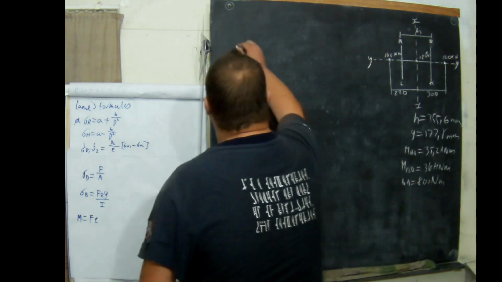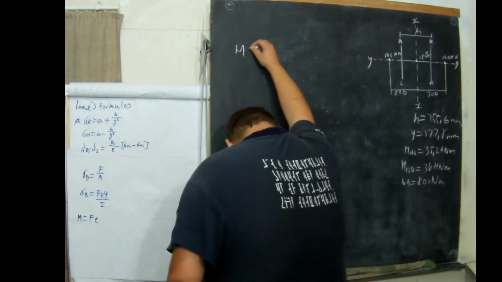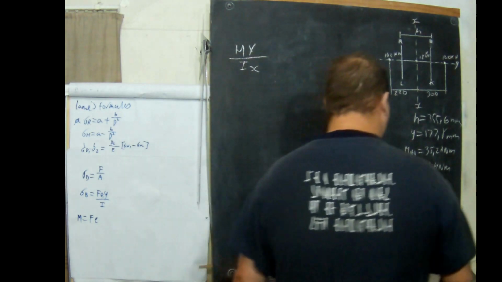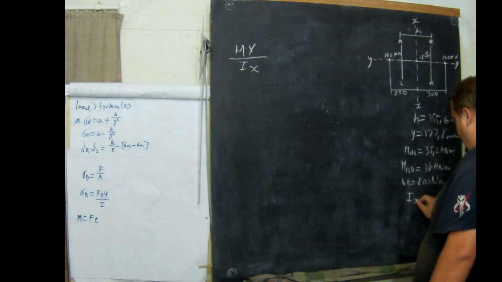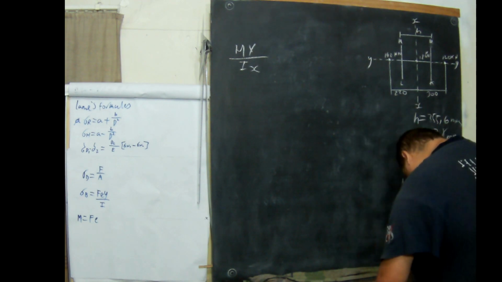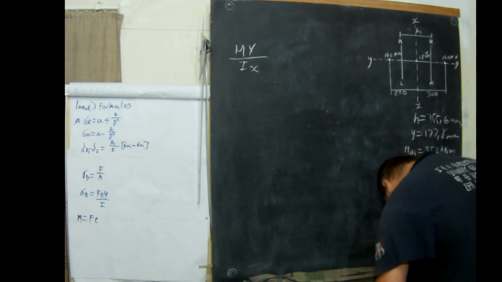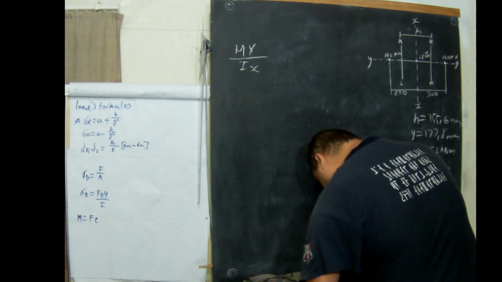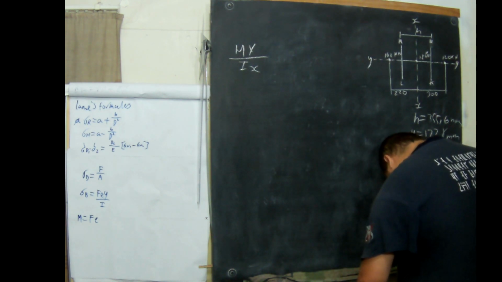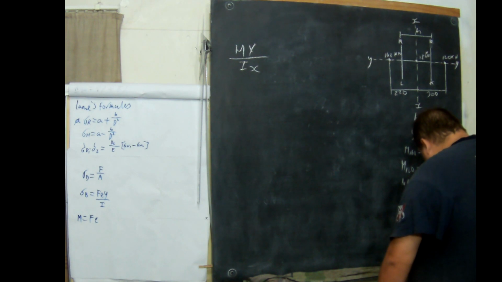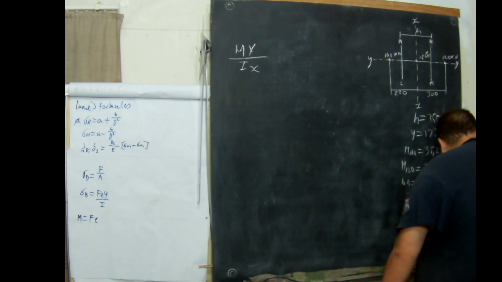So M Y over IX, where IX is equal to 403 times 10 to the minus 6, and our area is 16,52 times 10 to the minus 3.